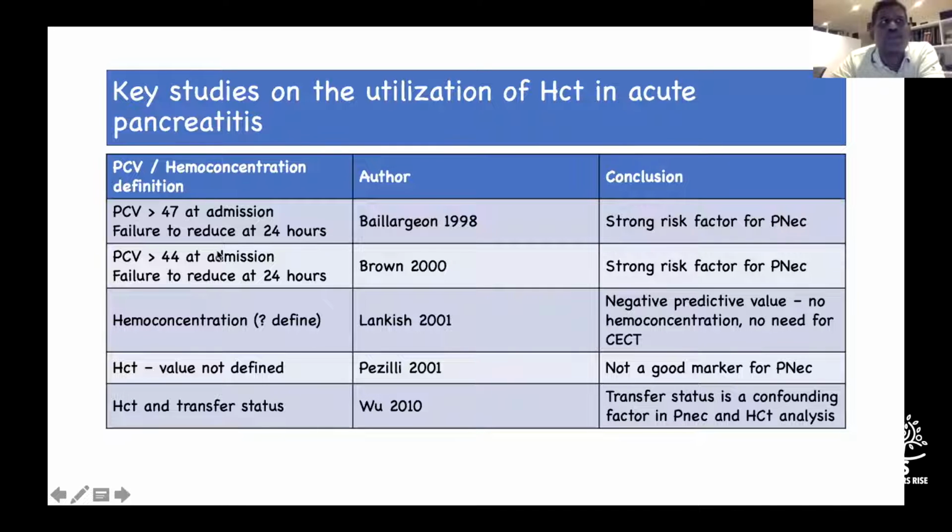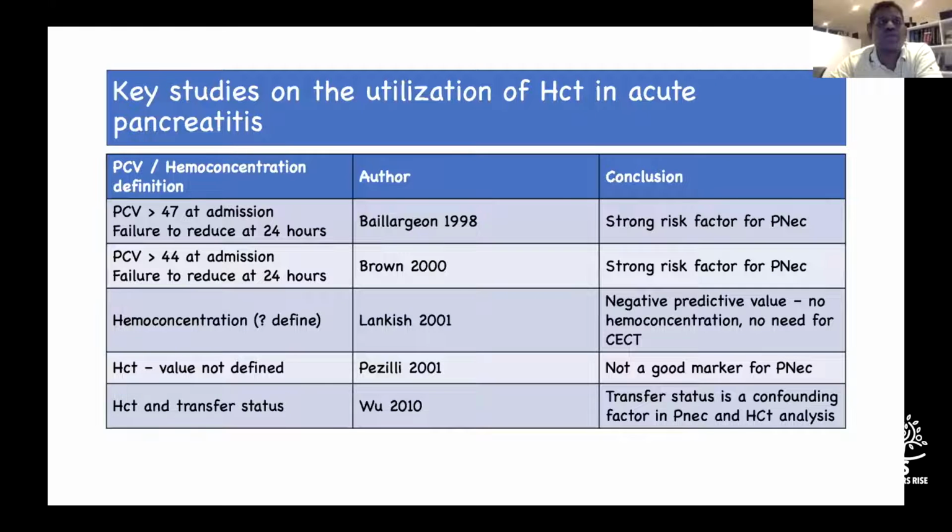Or a PCV of more than 44 at admission and failure to reduce at 24 hours. That study came in 2000, again a strong risk factor for pancreatic necrosis. But pretty much Lankisch, Pezzilli, and Wu in 2000, we do not know. There are a lot of confounding factors in using hematocrit. So use your hematocrit, but be very, very careful.